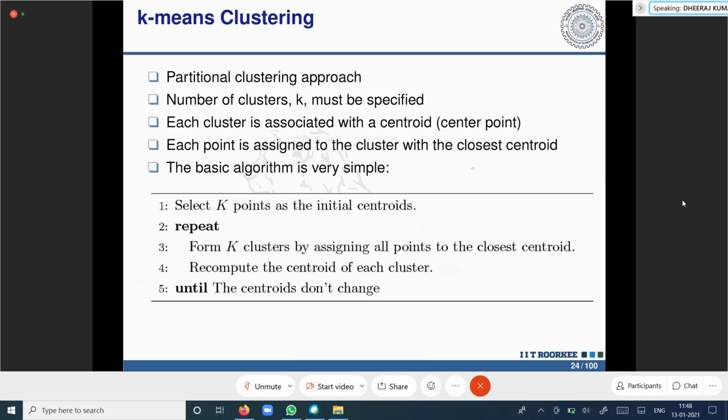Once you assign all the points to different clusters, you update your centroids, because now you have different points belonging to each cluster. You keep on doing this until the algorithm converges and there is not much change to the membership or to the centroids.